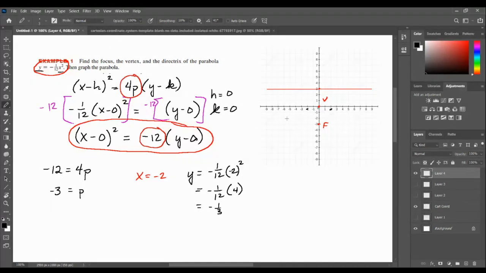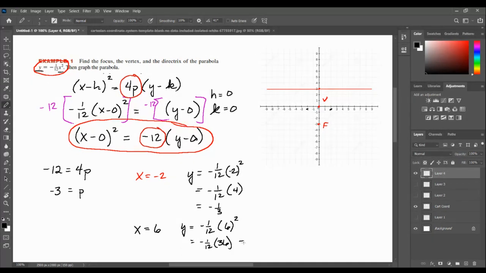So maybe I'll try a number that would divide by 12. Just trying to simplify this. What if we tried x is 6? It won't be a perfect, yeah, it will. Negative 1/12 times 6 squared. Negative 1/12 times 36.